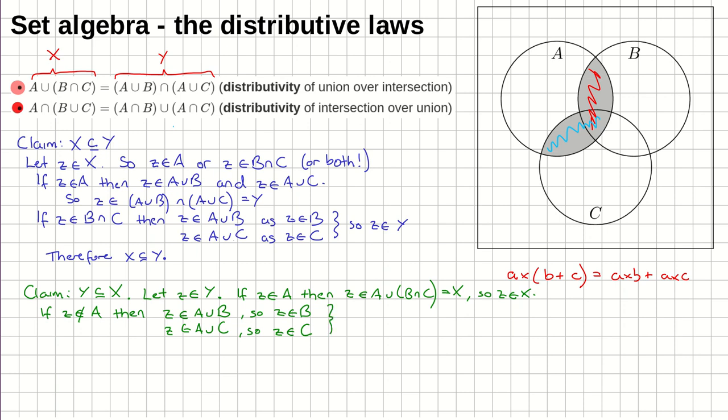Z is in B, Z is in C. So Z is in B intersect C.